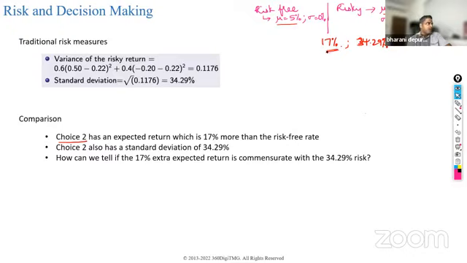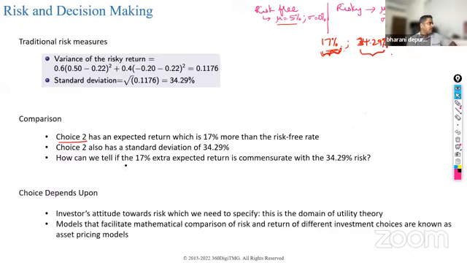So, is this return on investment commensurate with this? That means, is it worth it? I mean, for 17%, are you willing to take 34.29% risk or not? It depends again on the individuals. It depends on the investor's risk attitude, risk appetite.